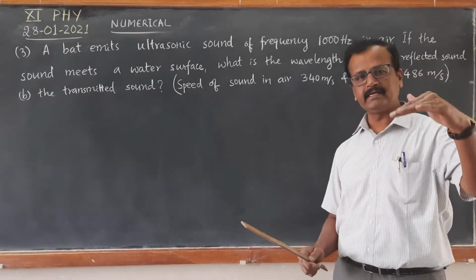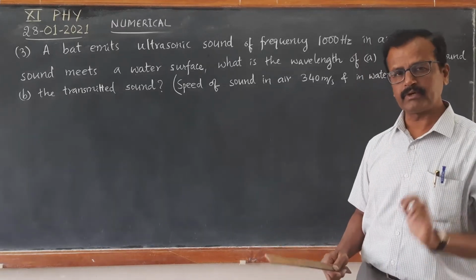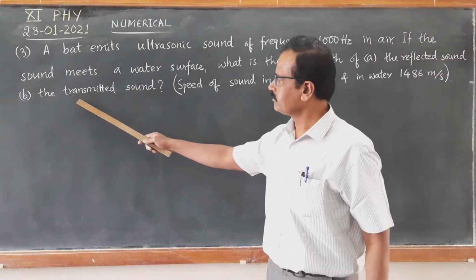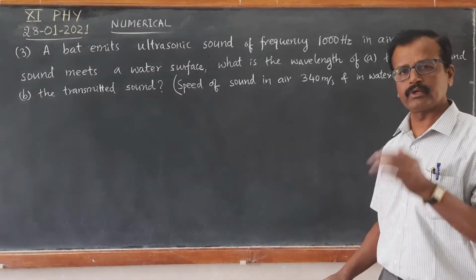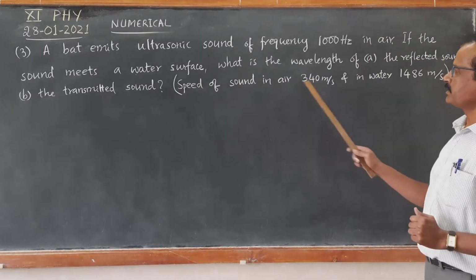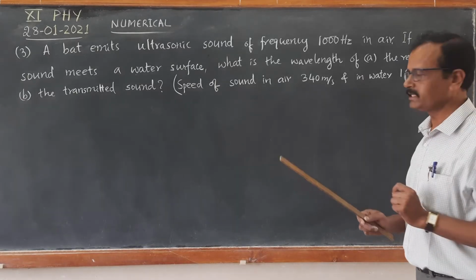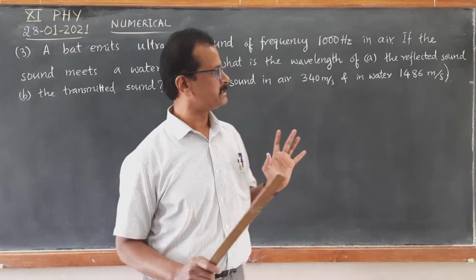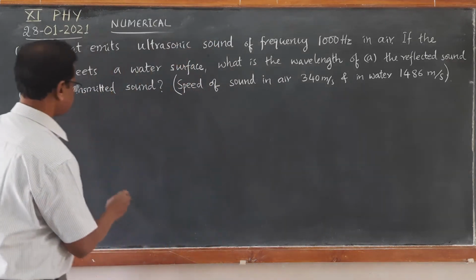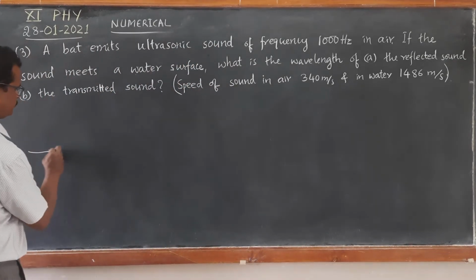Partly it is reflected and partly it is transmitted through the water. The second one, what is the wavelength of the transmitted sound through the water? Speed of sound in air is given as 340 meter per second. Speed of sound in water is given as 1486 meter per second. So, just a rough diagram.